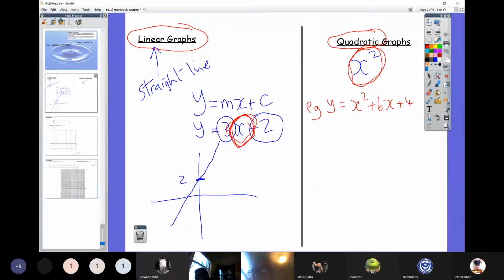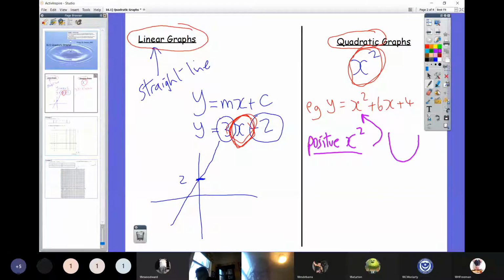Now the shape of a quadratic graph is always a smiley face or a sad face. If it's got a positive x squared, like the one above, then it's going to be a smiley face.